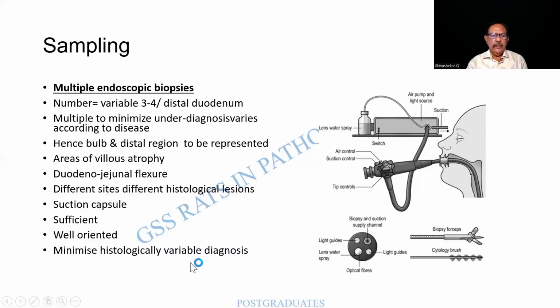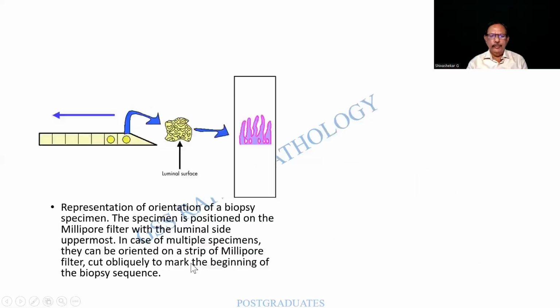And all of them should be well oriented, we shall be showing you. Like this. When you shave off a piece and when you embed, it has to be perpendicular so that when I cut a section, I am able to see the villi. Many of us, sometimes what we do is when there is an embedding, I find only the tips of it, the rest of the mucosa is not seen. We are unable to report on it.